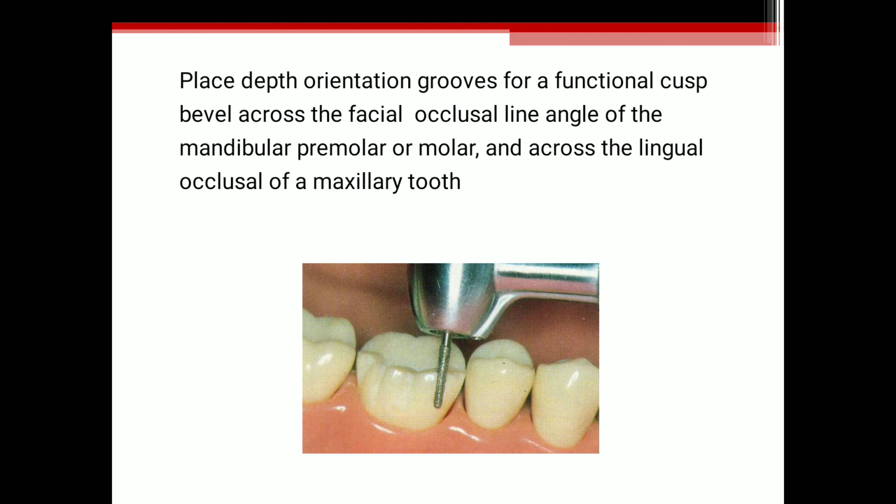Then place the depth orientation grooves for a functional cusp bevel across the facial occlusal line angle of the mandibular premolar or molar, and across the lingual cusp of the maxillary teeth.